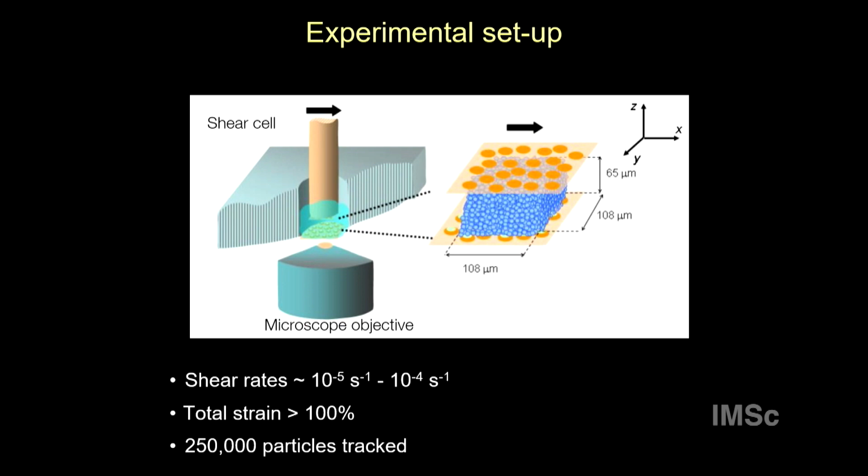One of the boundaries is fixed, the other boundary is moved using a piezo, and the distance between the boundaries is about 40 to 50 particle diameters. The dimensions in the other directions are essentially the field of view, which is about 70 particle diameters. The shear rates are very small, and the total strain that we can achieve is greater than 100%, and we track a very large number of particles, about 250,000 particles.